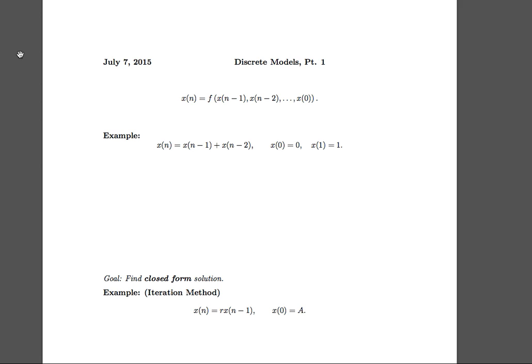So the human population, if you think about everyone in the world, that changes more like continuously, just because with this many people in the world and how quickly people reproduce and die, things are almost constantly changing. So we would model that continuously, just because the population is going to change every second or even quicker.